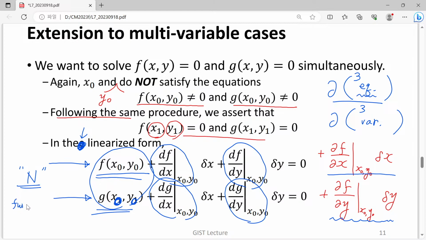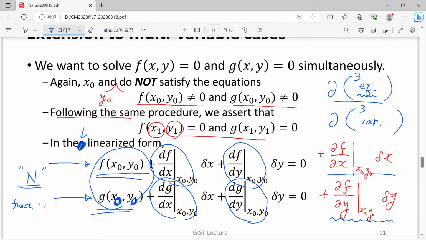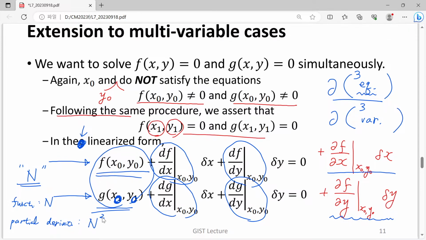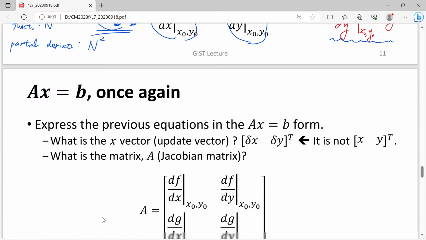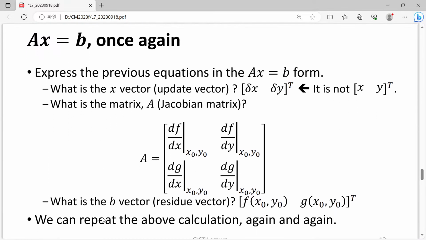Your function evaluation will be required n times, and your partial derivative evaluation will be required n squared times. Okay, so then is there any way for us to make it simple and compact?